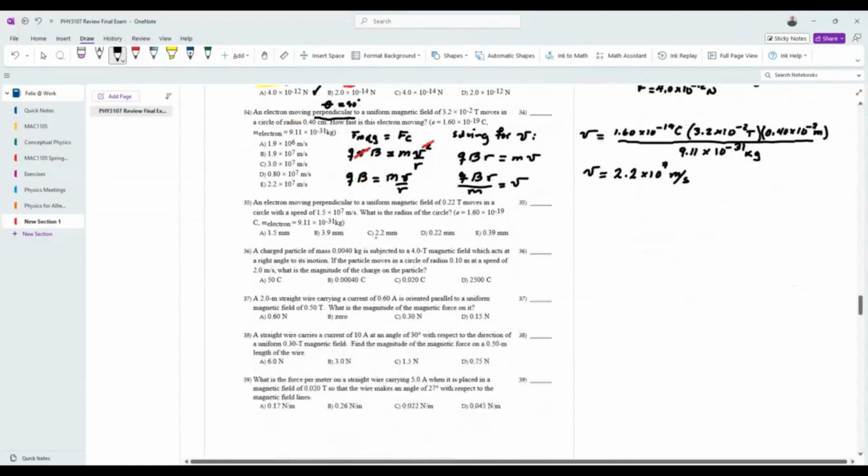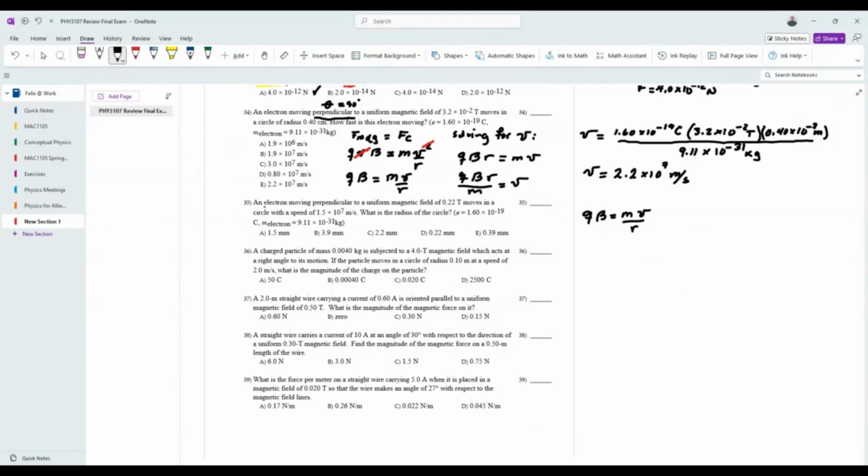They say an electron moving perpendicular to a uniform magnetic field of 0.22 Tesla moves in a circle with a speed of 1.5 times 10 to the 7 meters per second. What is the radius of the circle? So now, from this same equation, let's say that Q times the intensity of the field is equal to mass times the speed divided by the radius. We have to solve for the radius.